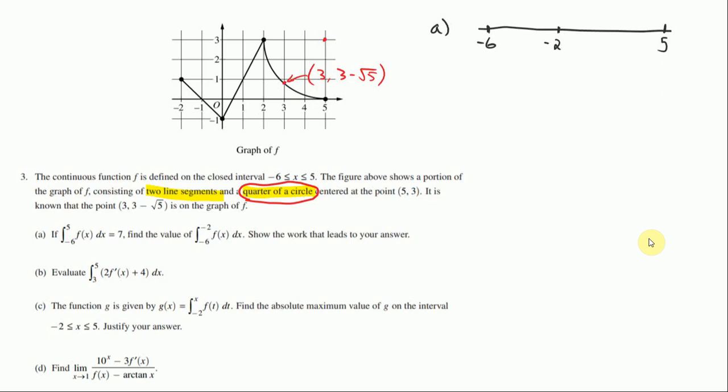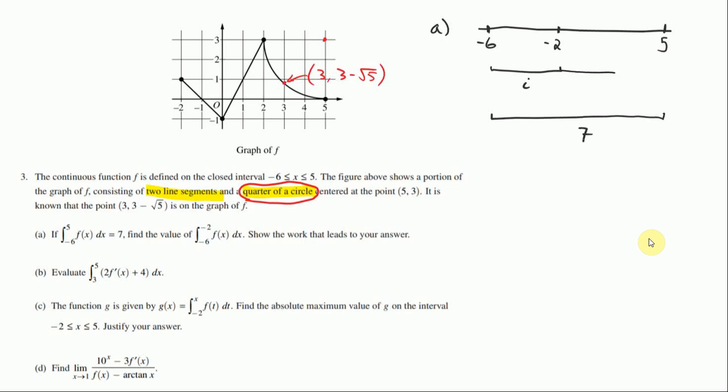All right, so if the integral from -6 to -2 is what we're trying to find, let's call that I for integral. And this from -6 to 5 is equal to 7.